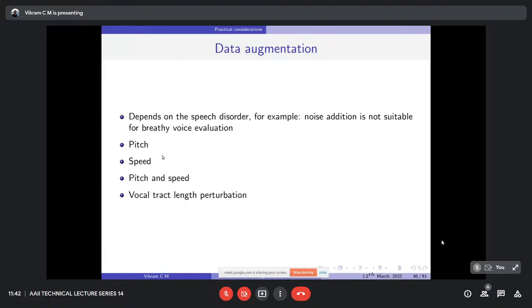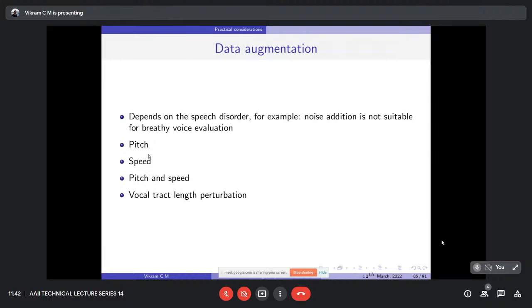Data augmentation should also be very specific to the particular speech disorder. Say noise addition may not be suitable for breathy voice or some vocal quality evaluation, because pathological or clinical speech also contains some inherent noise. Hence, the addition of babble or white noise may interfere and may not be suitable for this particular task.